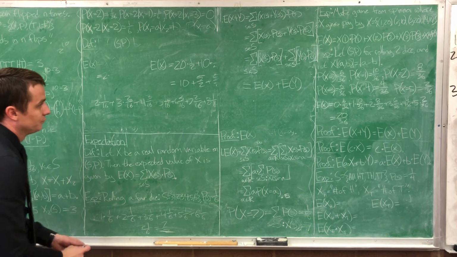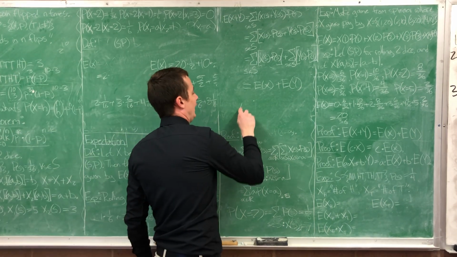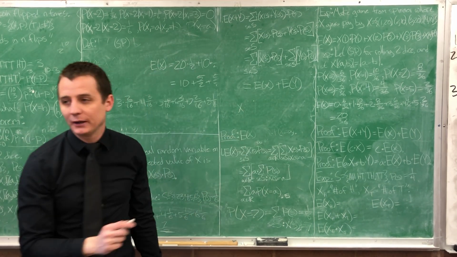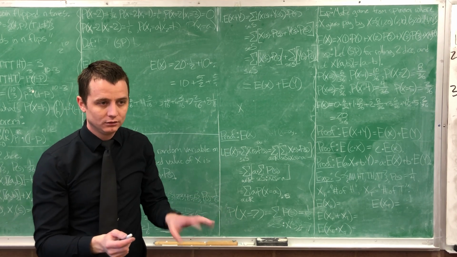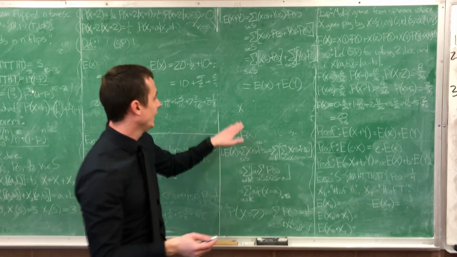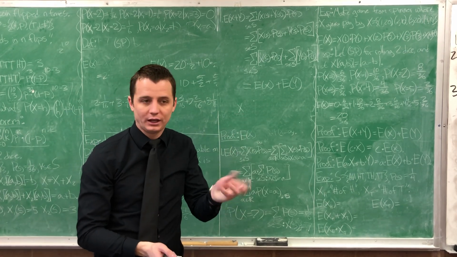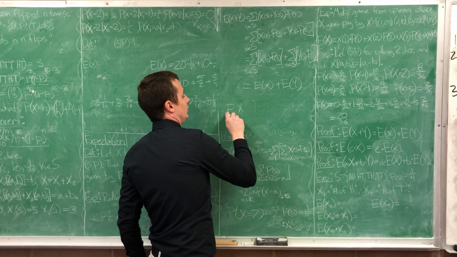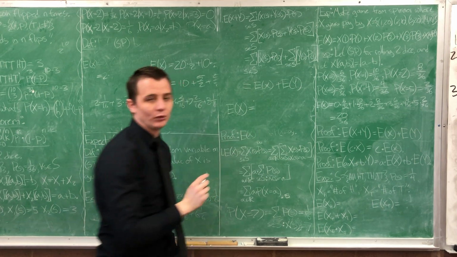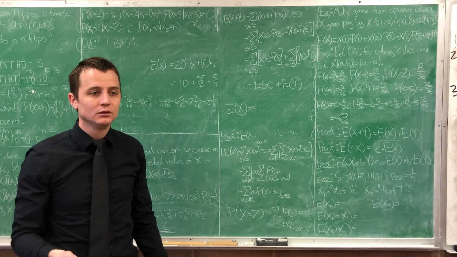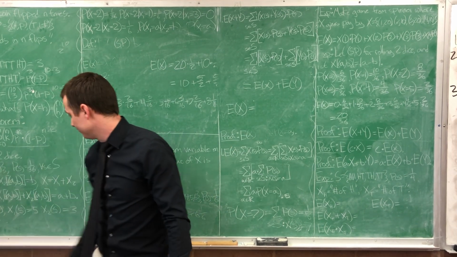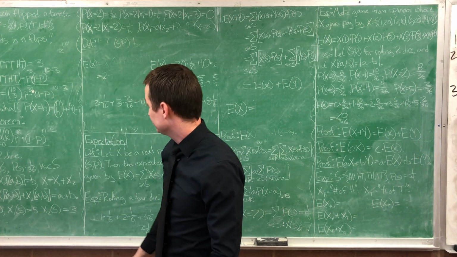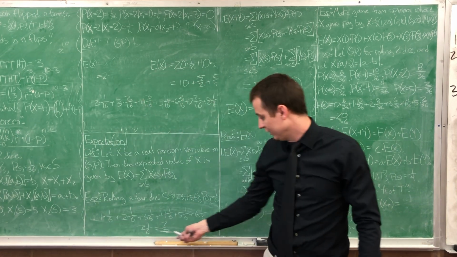Why is this so useful? Well, let's say that x is the random variable for when I roll one die. So we already calculated the expected value of x. What is that? For when we roll one die, what was our expected value? 3.5. Down here, it was 7/2.